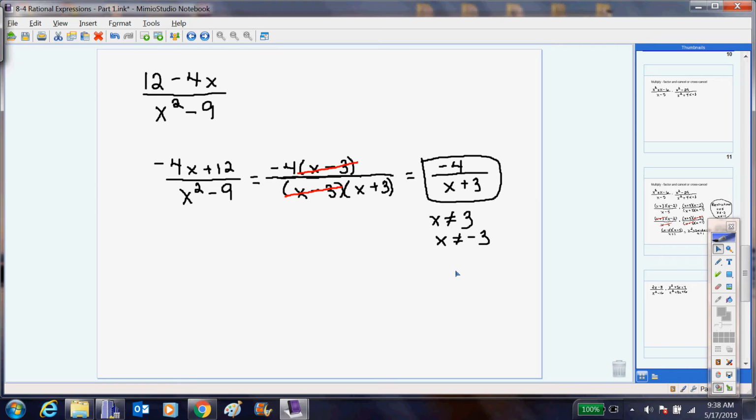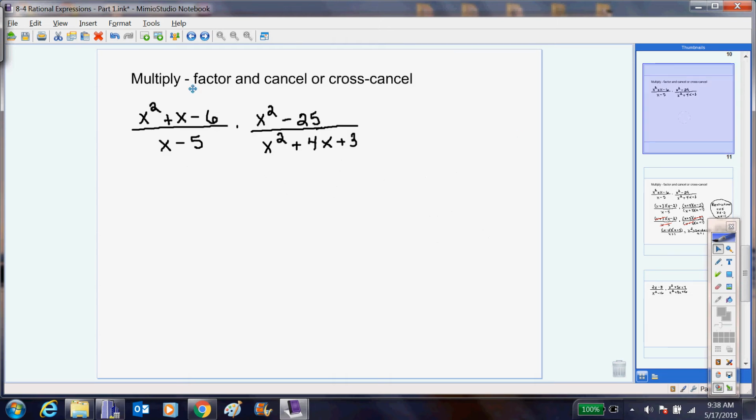Now you remember when we had fractions and you had a fraction times a fraction. You could do something that we call cross-canceling to simplify those fractions, right? We can do that also when you have rational expressions. They're really just kind of like beefed up fractions.